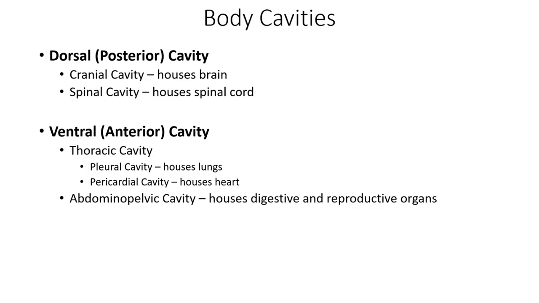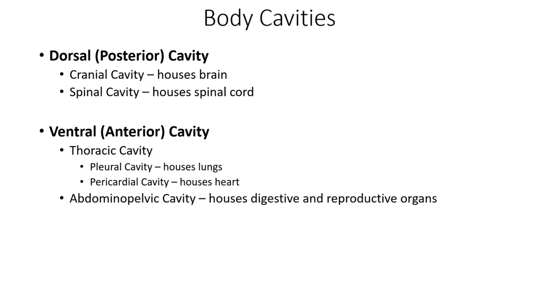All right, so the ventral or anterior body cavity is going to include the subcavities of the thoracic and abdominopelvic cavity. The thoracic cavity is further broken down into the pleural and pericardial cavities. The pleural cavity is going to hold the lungs, and the pericardial cavity is going to hold the heart. So that's all there is to the thoracic cavity.